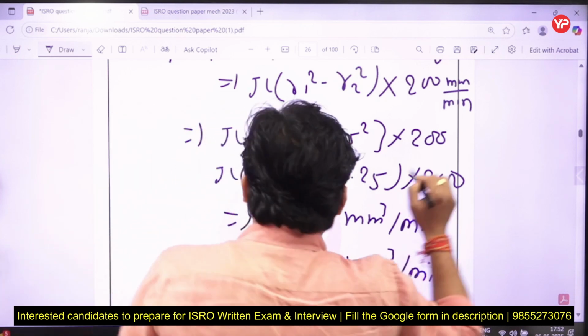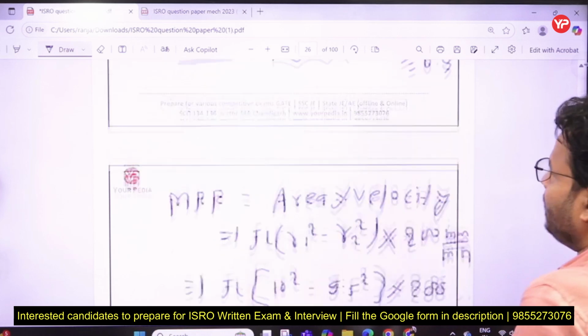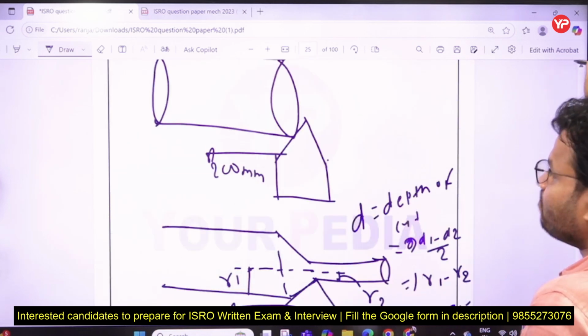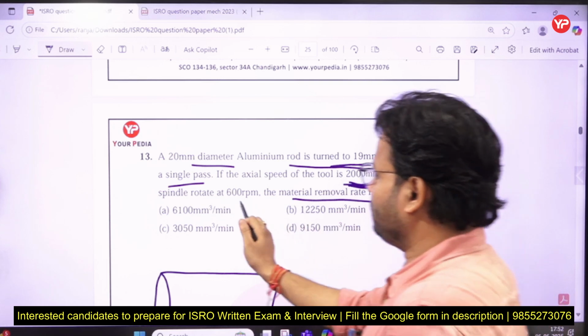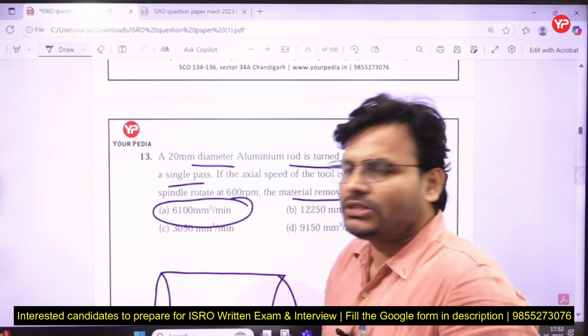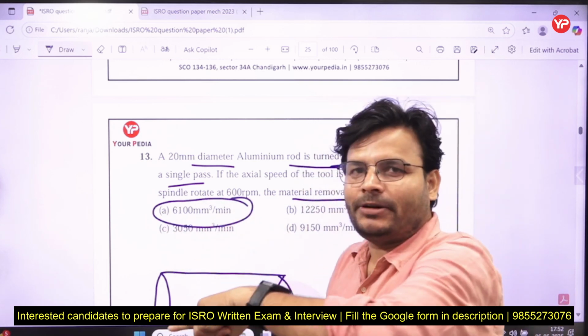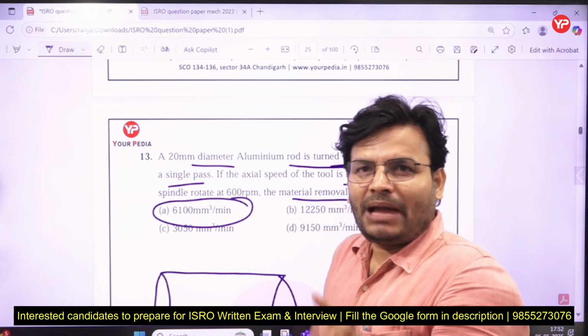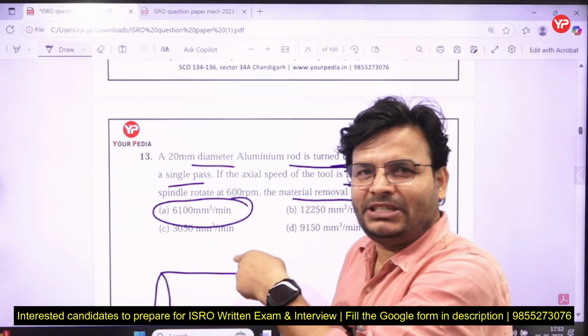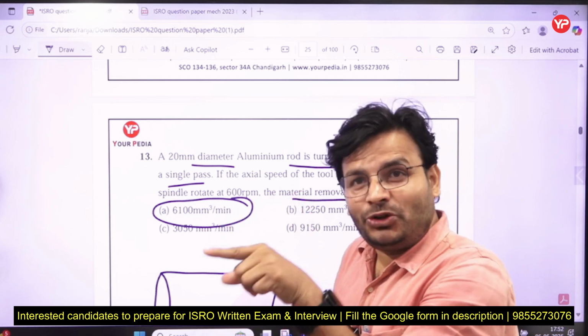So that is the material removal rate, my dear friends, and the answer is 6100. Whenever you see mm cube per minute in the options, you can guess: mm cube means volume, per minute means volume is area into velocity.